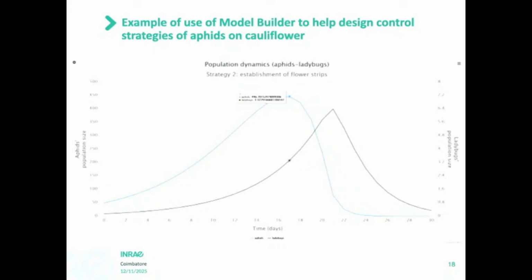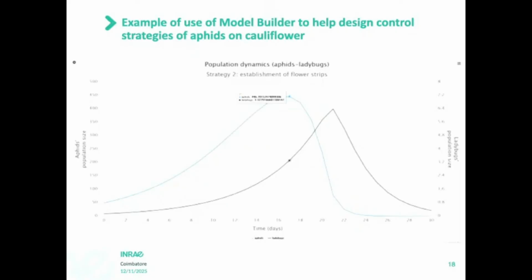With a simple model, we were able to design the development of the aphid population. So using a very simple ecological model, a Lotka-Volterra model, very famous in ecology, we were able to analyze the effect of a strategy by establishing flower strips in the field of cauliflower, because it will attract ladybugs that will be able to control the aphid population.